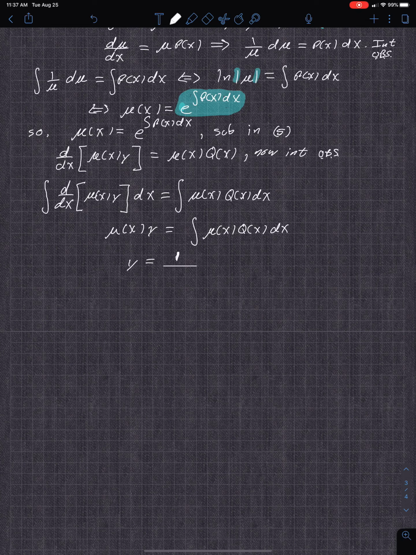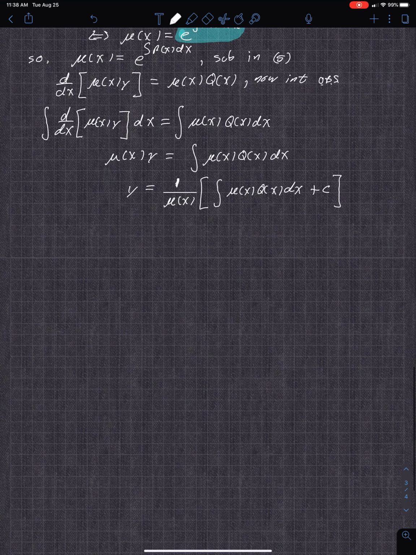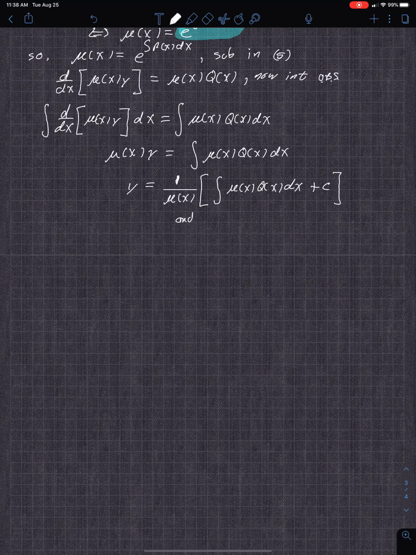Y is 1 over mu of x times the integral of everything above. So it's mu of x q of x dx plus c. Like that. Okay, and that's the general solution.